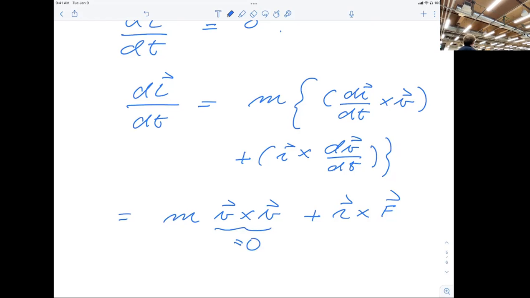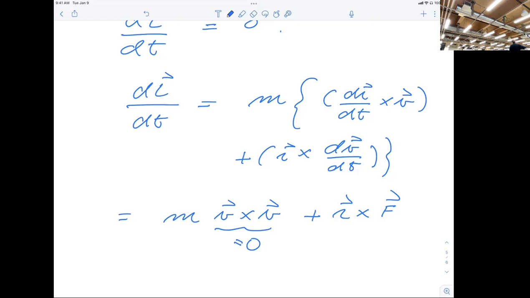And now you see another thing which is interesting here. If you look at the term with the position and the force, what would happen now if the force is parallel to the position? Think of these as two vectors. Again, the hint goes back to the first term, because then v cross v, they have to be parallel, right?